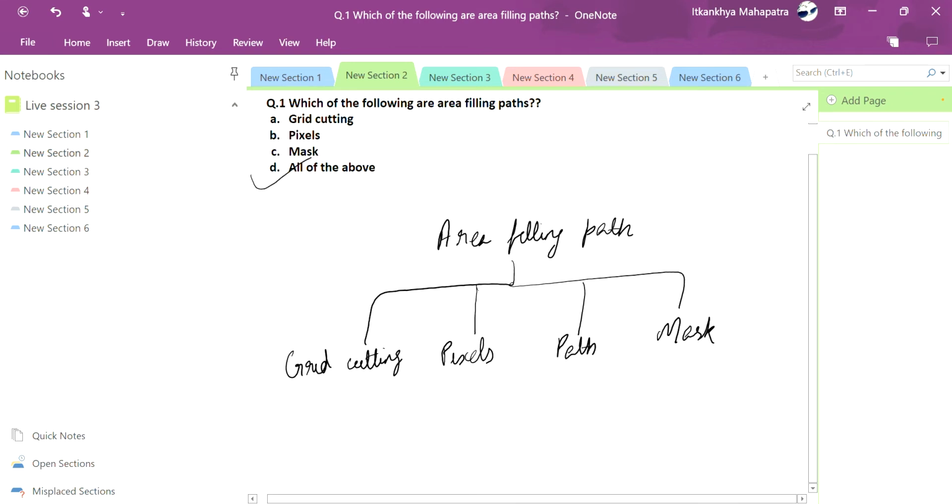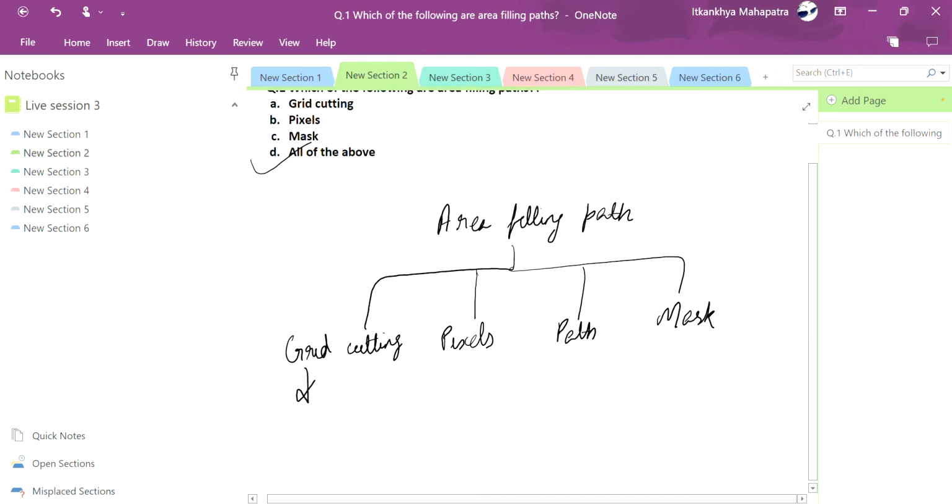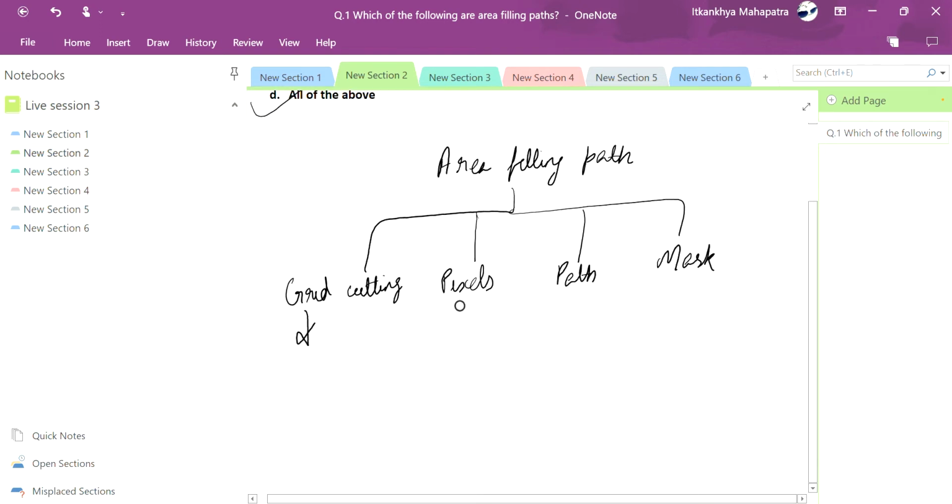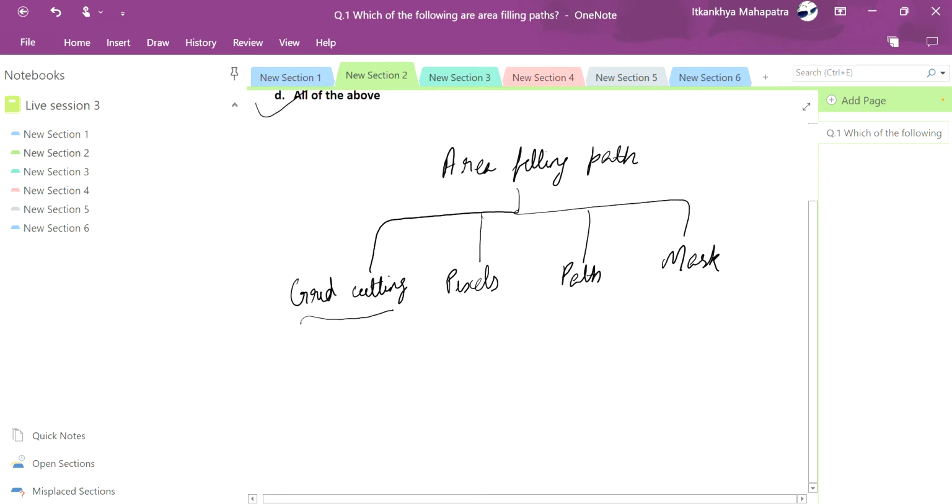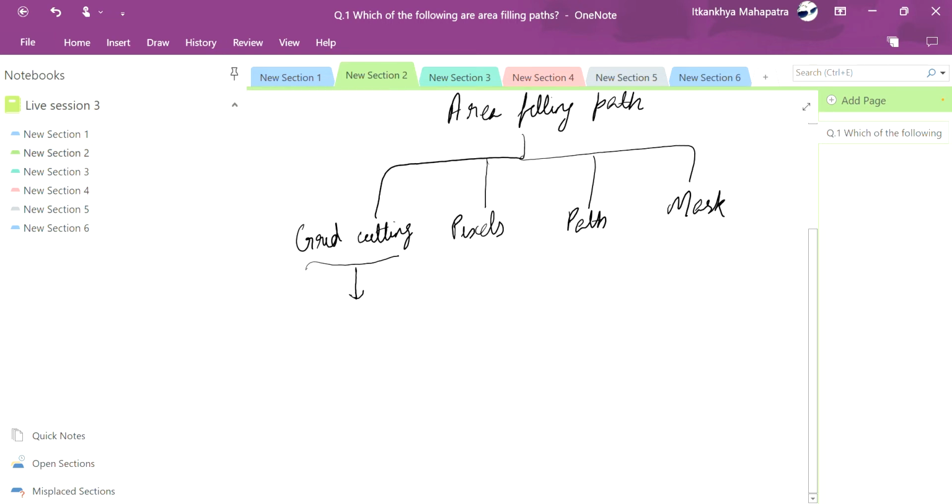Now I'll briefly explain the significance of each method. Grid cutting is for removing the unwanted part.